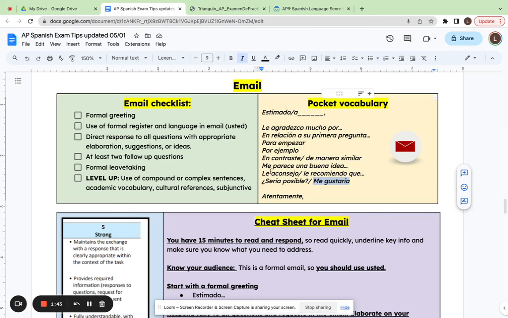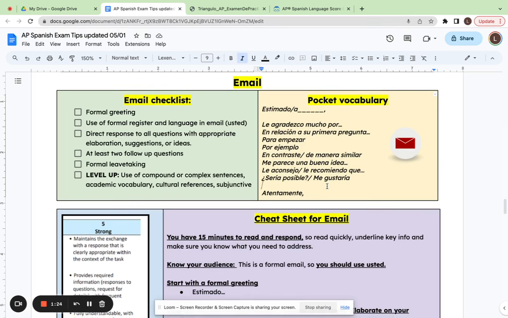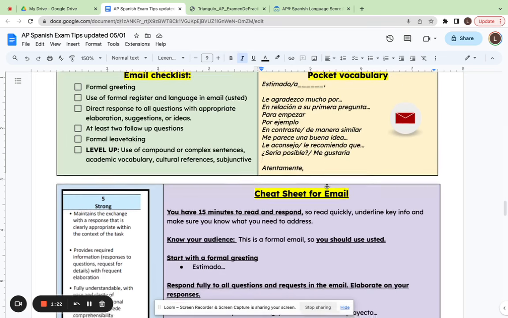So again, some examples of how to do that would be le aconsejo que, which triggers the subjunctive. You could use me gustaría to get some conditional in there. And instead of saying really short sentences, combine sentences with conjunctions such as y, porque, además, those transition words to show that you can make the sentences flow instead of just be short.